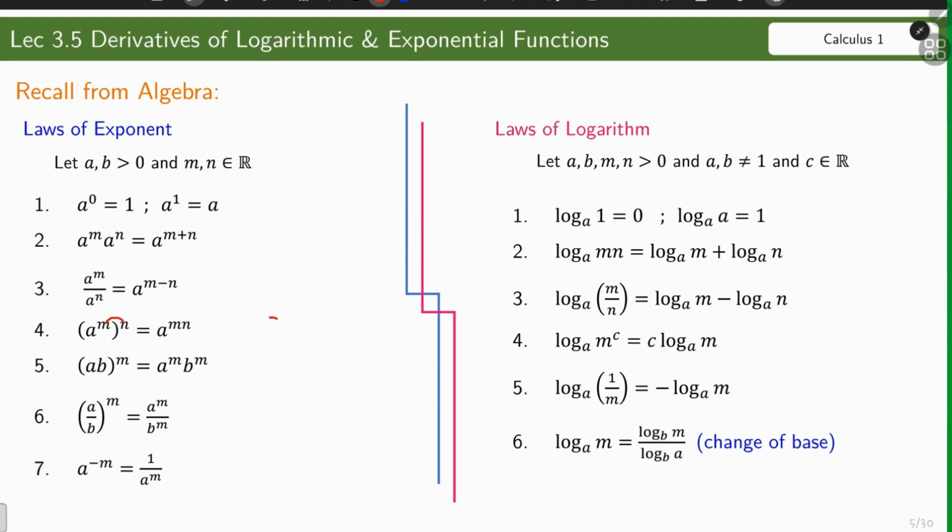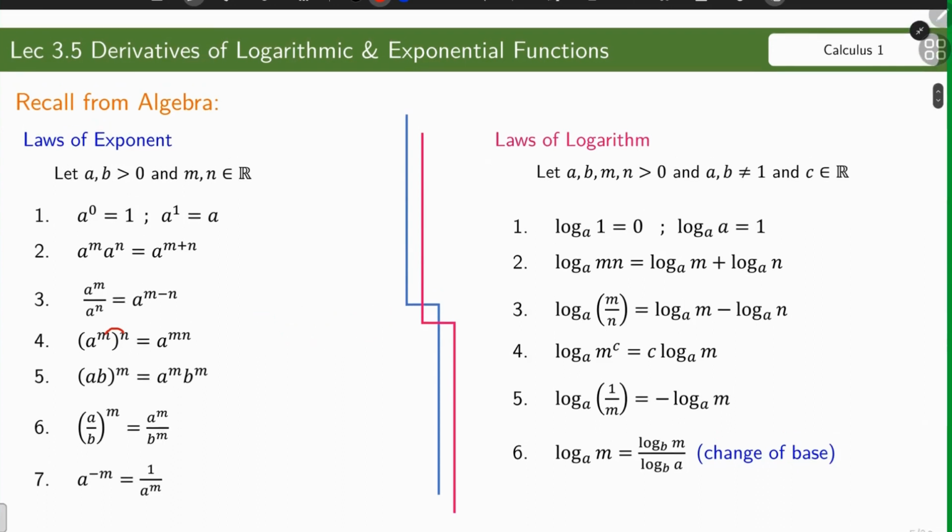For example, we have x raised to 10, and then the quantity squared. So we have here x raised to 20. Number 5, we have the quantity ab raised to m. We distribute the exponent. And then number 6, we also distribute the exponent for quotients.